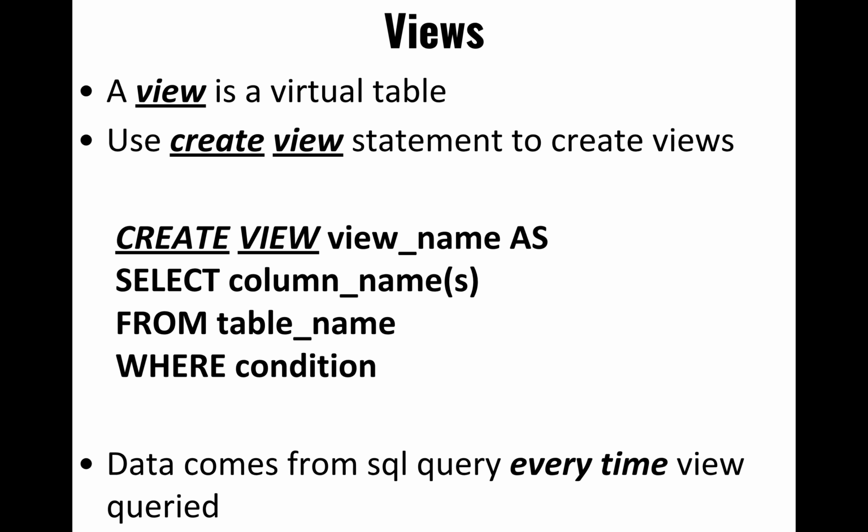That's a good thing. The bad thing is that it executes every time. They're expensive, right? These are not real tables, right? If this is a three-way join, you are actually joining these tables every single time you treat this as a table. If this were a real table, there would not be any join, right?